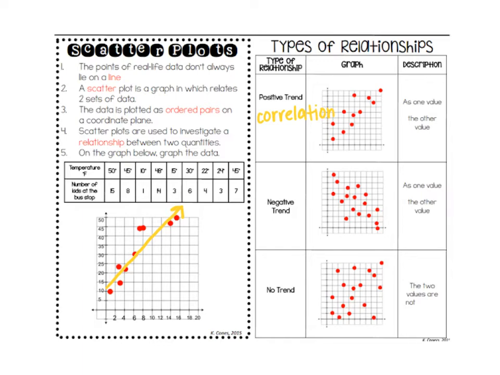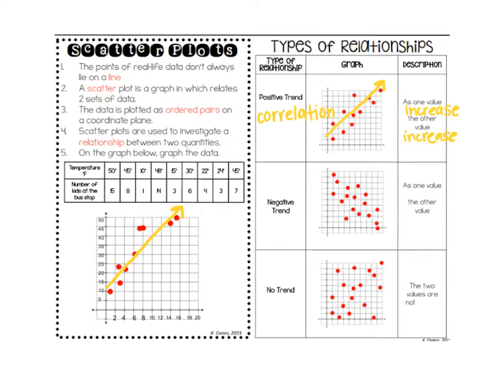A positive relationship happens as one value increases, the other value also increases. It's positive because as my x increases, so does my y. As I read it from left to right, they're both going up. Again, they're not in a perfect line, but they are clustered together in a linear pattern.